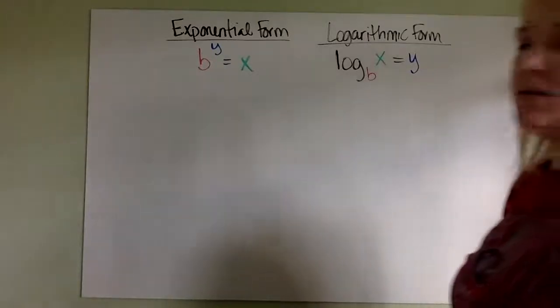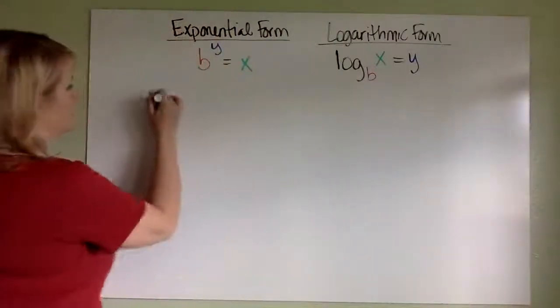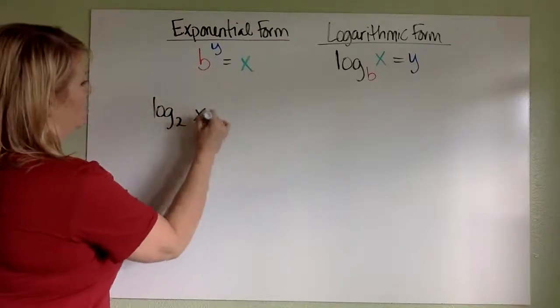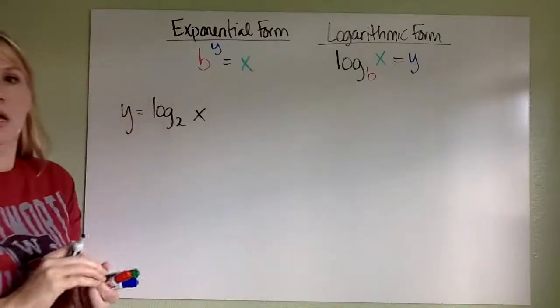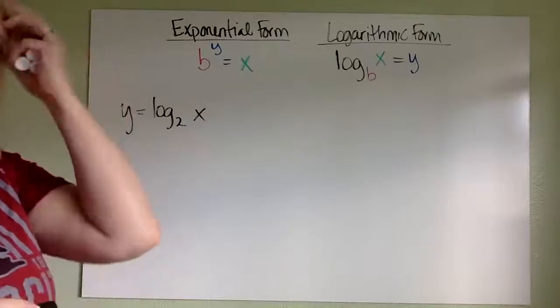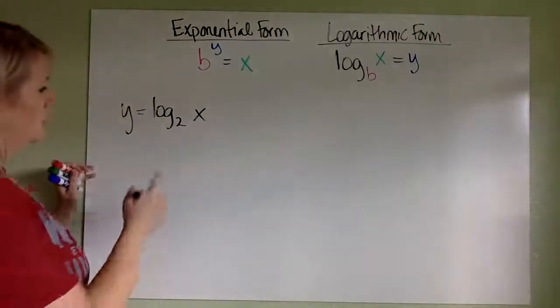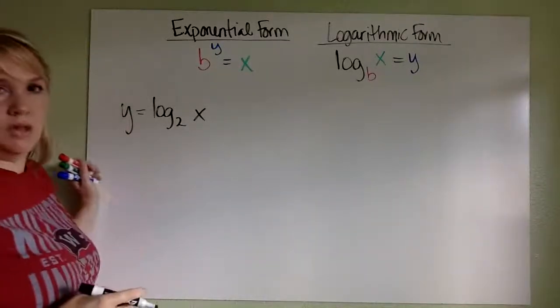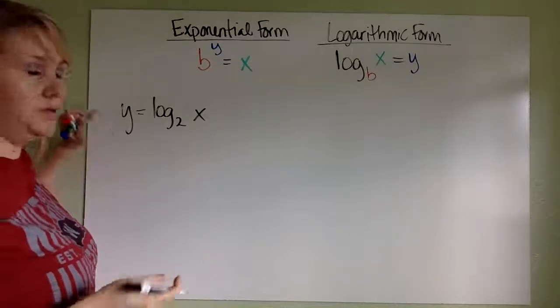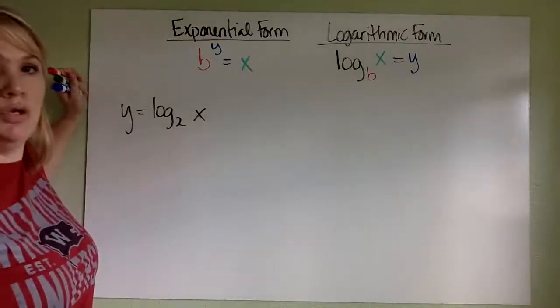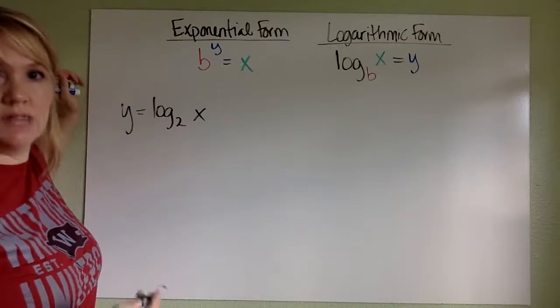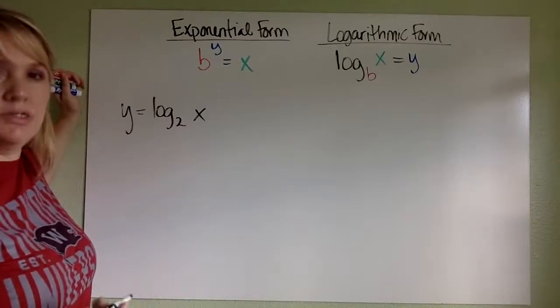Okay, so if I'm asked to graph the log base 2 of x, I need to make a table of values. To make a table of values in log form is difficult, especially if we have a log base 2 and not a log base 10 or natural log, something we could use a calculator to evaluate.